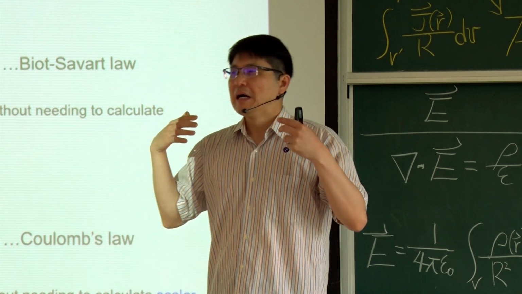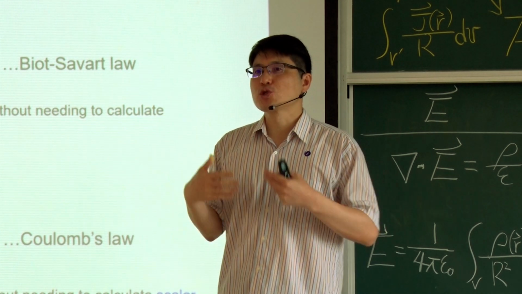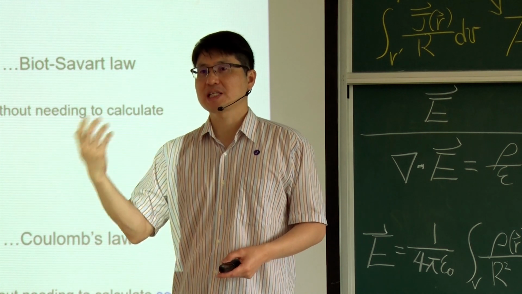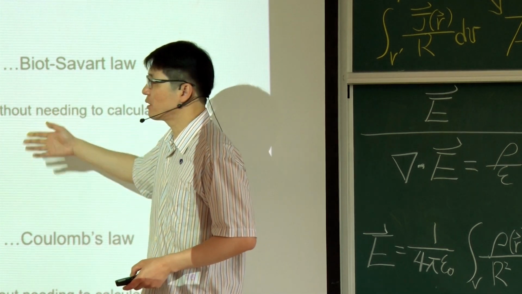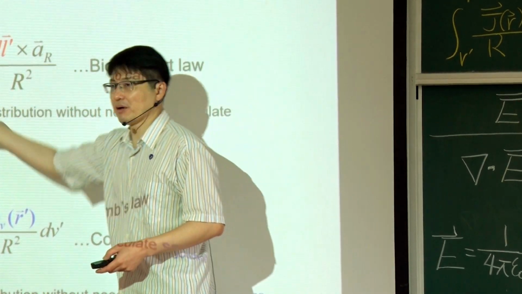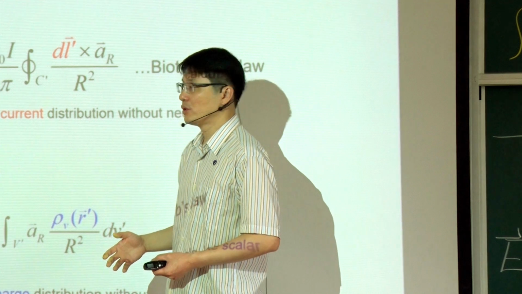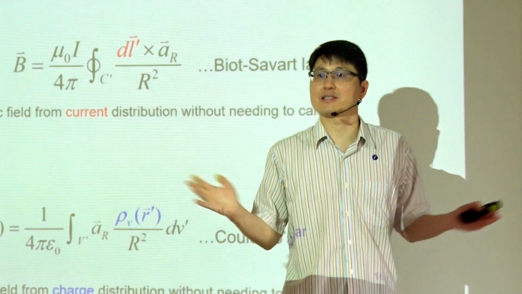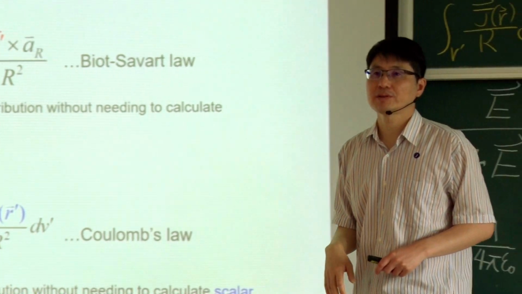But still, it's not so direct and not so straightforward to understand A. So they are saying, hey, even though it's there, let's forget about A. In the future, whenever you have current, we find B directly. And that's it.